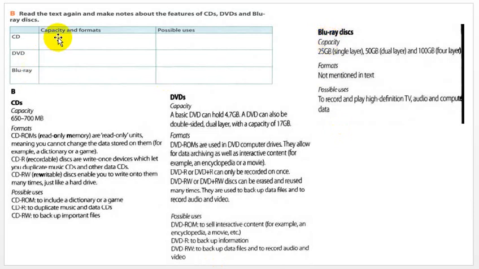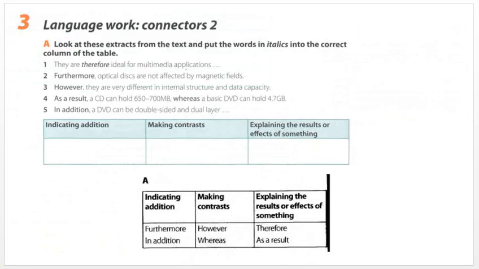In capacity, you can say 25 GB single layer, 50 dual layer, and 100 GB four layers. In format, no mention in text. And possible use: to record and play high-definition TV, audio and computer data. Okay, understand the differences between DVD and Blu-ray.